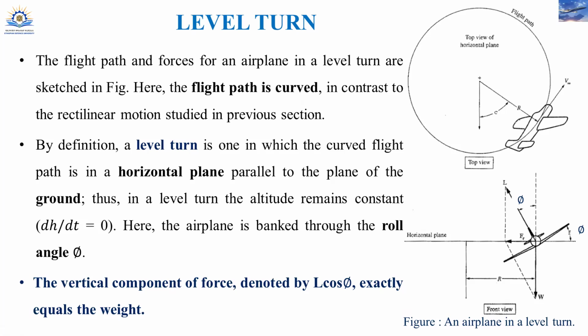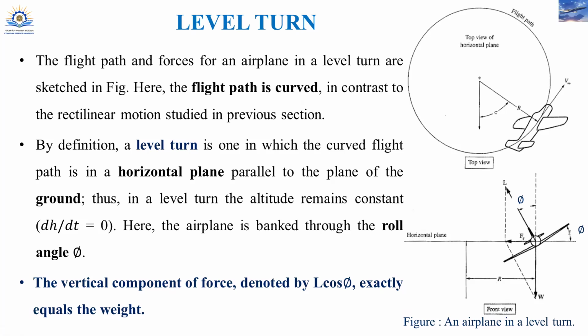But in the level turn, assume that this is the flight path, this is the center. Again, you have some reference altitude, so everything is at this distance H1. Assume that this is ground. This is the point where an aircraft is circling.